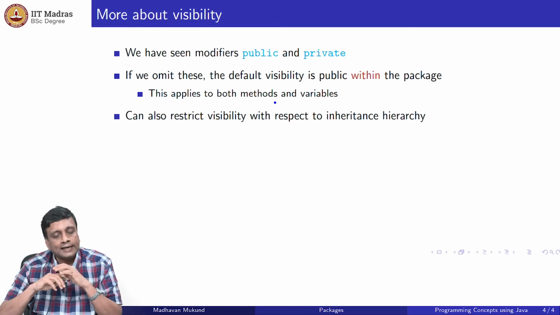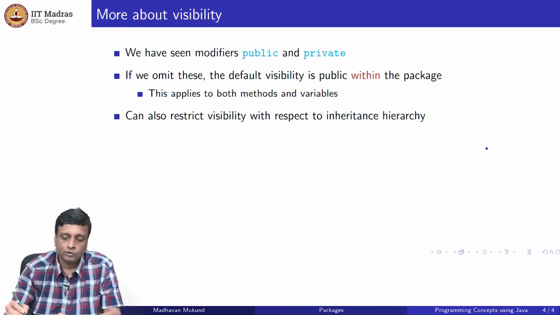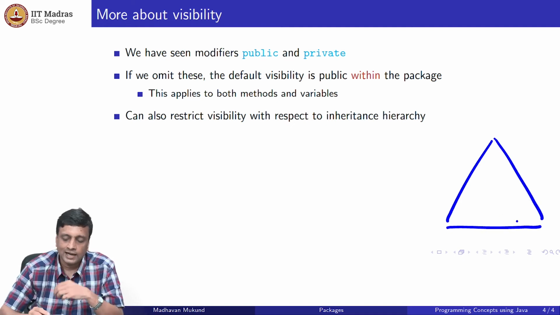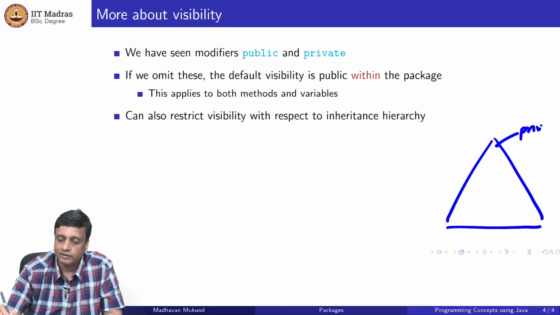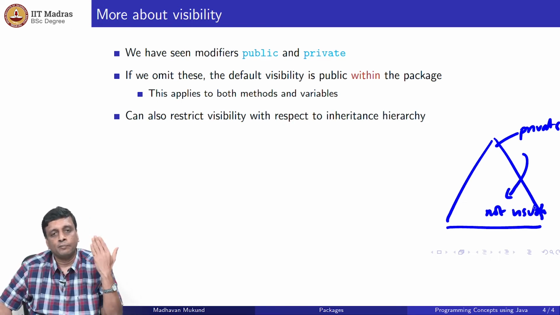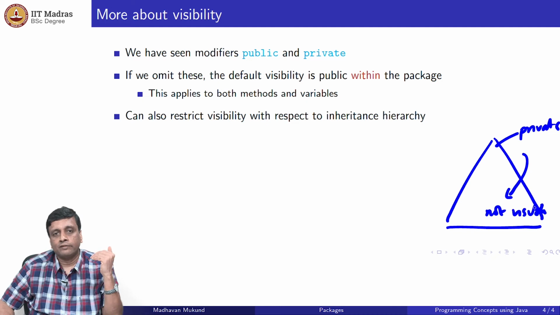So, although it is not directly related to packages, let us talk about one more thing that is possible. We have talked about the fact that when you have a class hierarchy and if something is private here, it is not visible here. So, we said for instance that if a manager is a special type of employee, an employee has some private information about say salaries, the manager cannot directly access that private field and modify it.